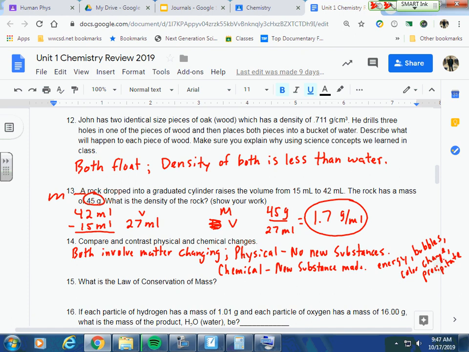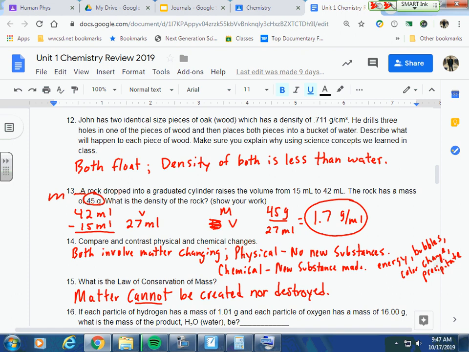All right, what is the law of conservation of mass? This means that matter cannot be created nor destroyed. Okay, we can't just do these models and have particles show up from nowhere.